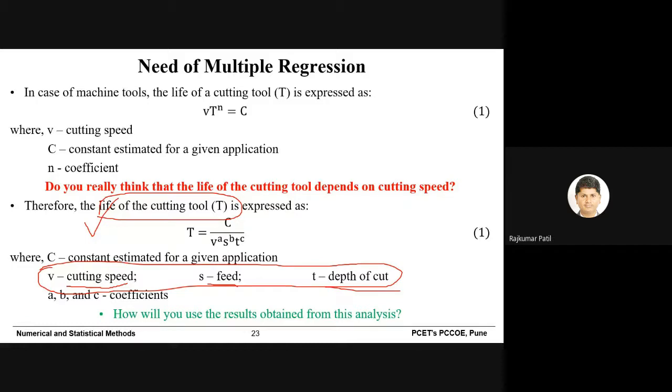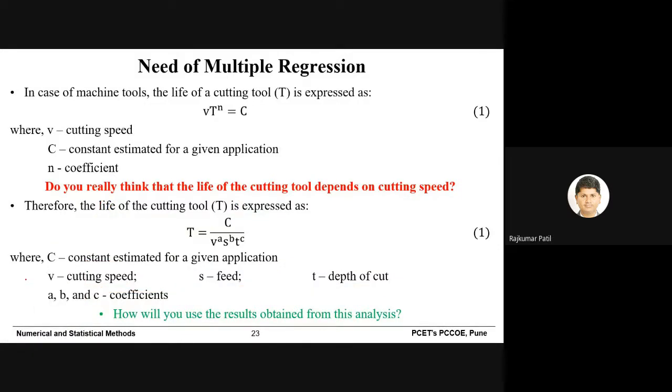And even here I will give you one idea, and that you can do for this mini project as well. For example, you select a particular cutting tool. Once you select that cutting tool, then for a given machining operation, you can run the machine at different speeds and find out the corresponding life.